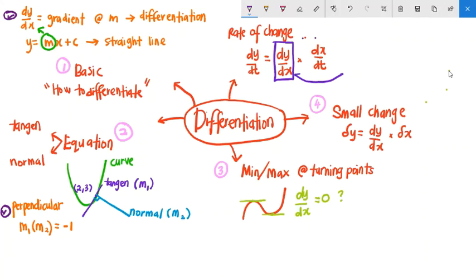Formula given from equation. Okay, so yang ini rate of change, rate. Okay, for anyone yang ambil chemistry mesti tahu tentang rate. It's all about time.